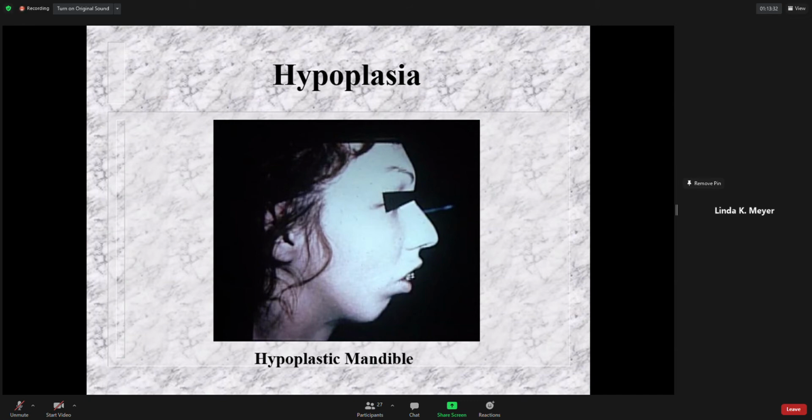This hypoplastic mandible contributes to a class 2 malocclusion. And a lot of times these patients with a hypoplastic mandible will actually have orthognathic surgery, where part of the surgery is breaking the jaws and repositioning them.